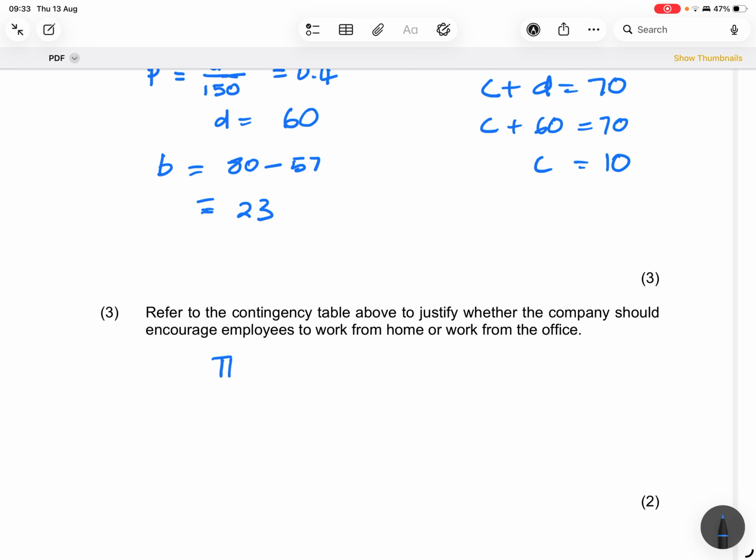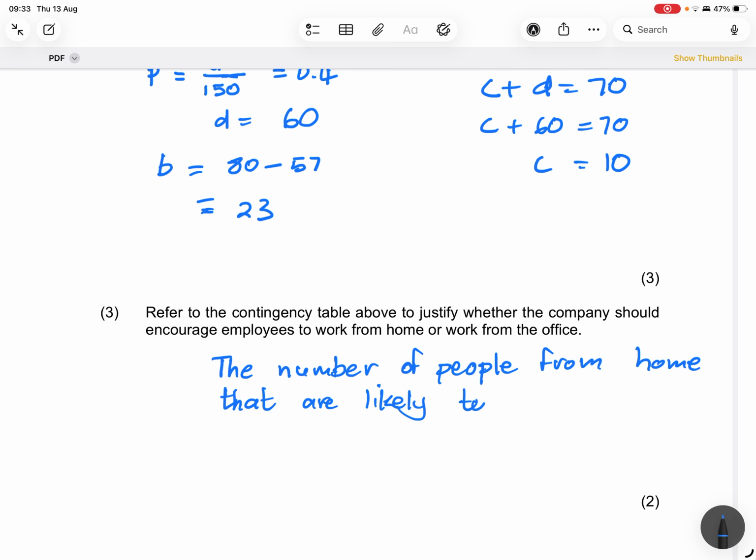In this case, we can say the number of people working from home that are likely to meet deadlines is higher than people at the office.